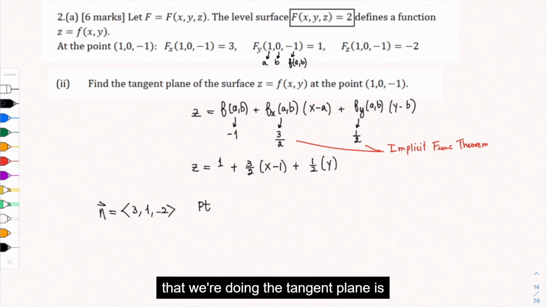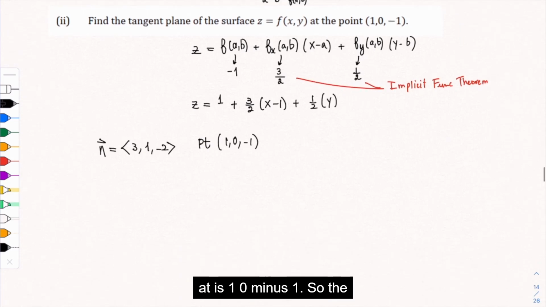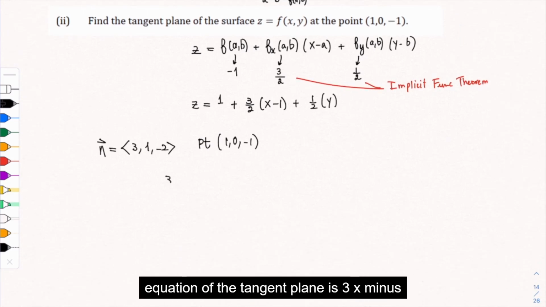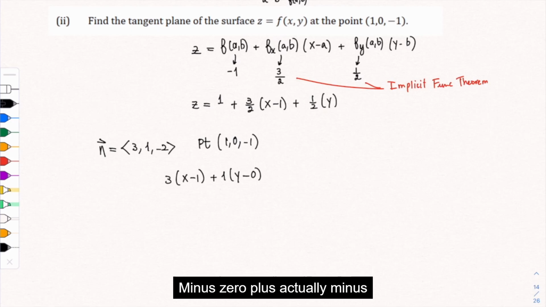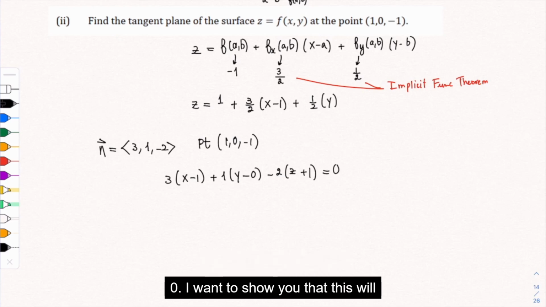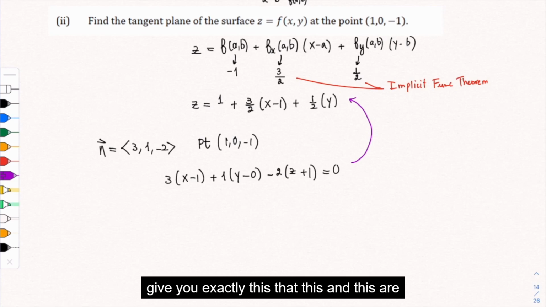The point where we're finding the tangent plane is (1, 0, minus 1). So the equation of the tangent plane is 3(x minus 1) plus 1(y minus 0) minus 2(z plus 1) equals 0. I want to show you that this will give you exactly the same result.